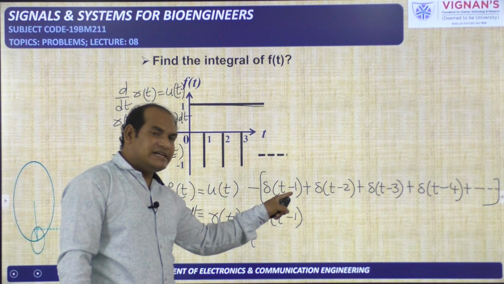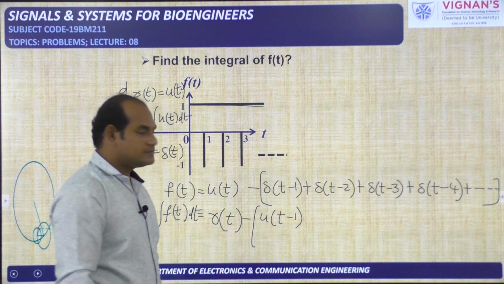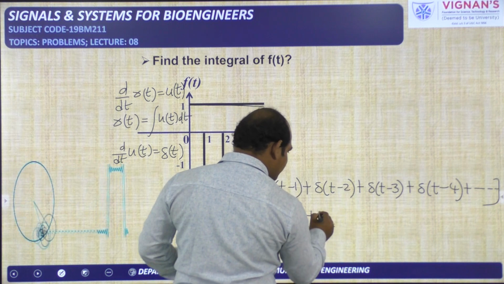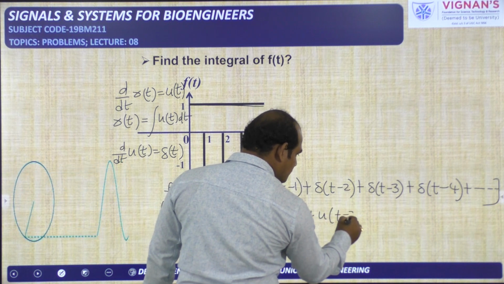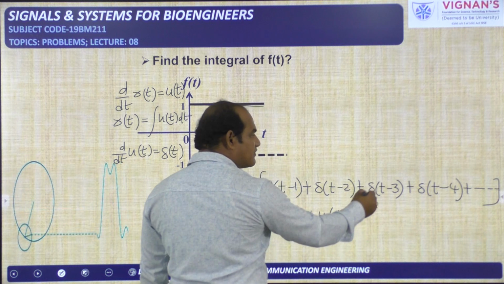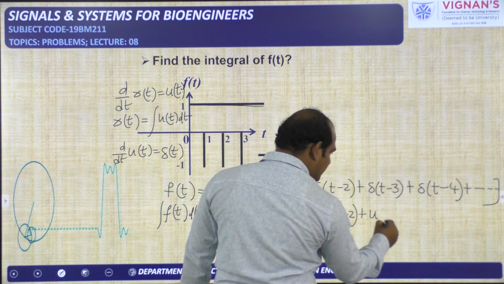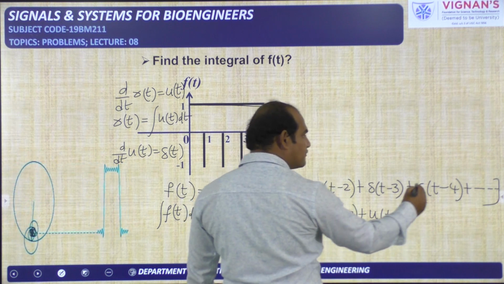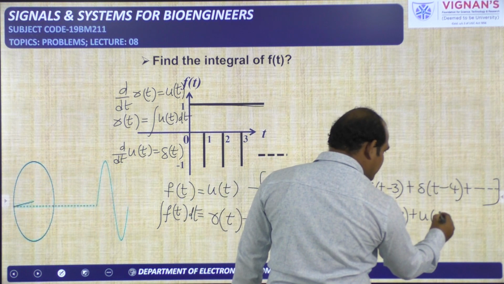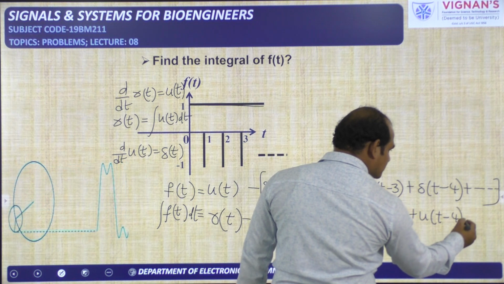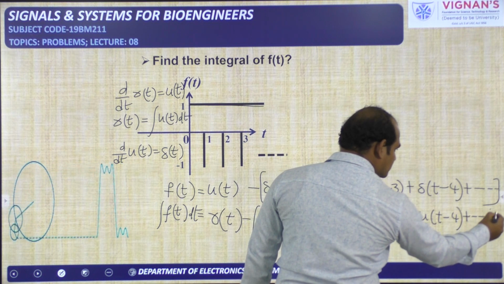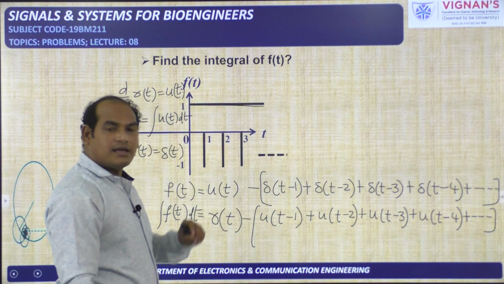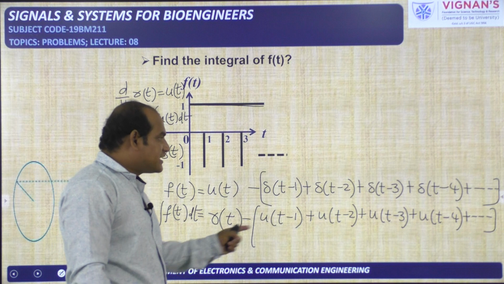Del of t minus 1 integration is u of t minus 1, plus del of t minus 2 integration is u of t minus 2. Del of t minus 3 integration is u of t minus 3. Del of t minus 4 integration is u of t minus 4. Like this we have done the integration part. This is the mathematical expression.